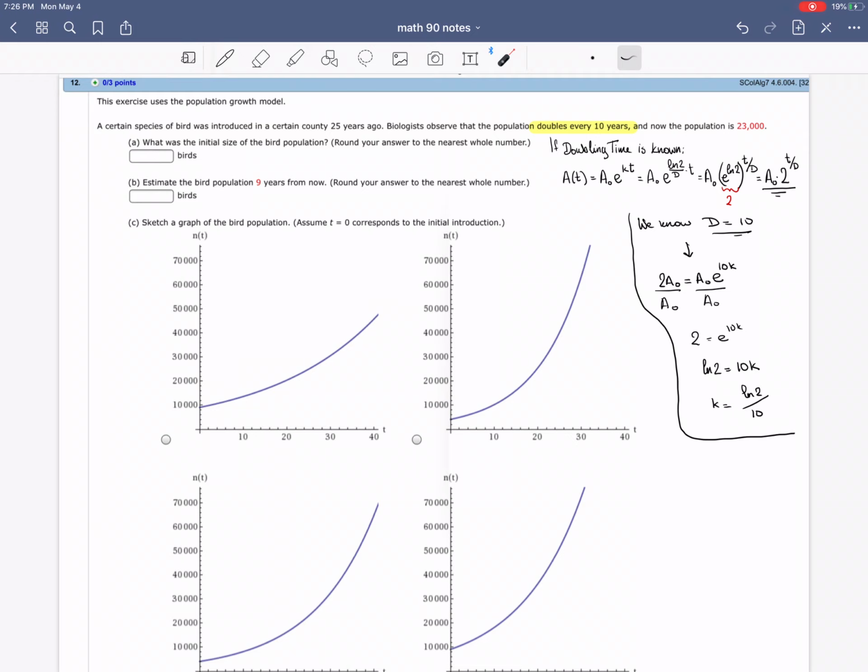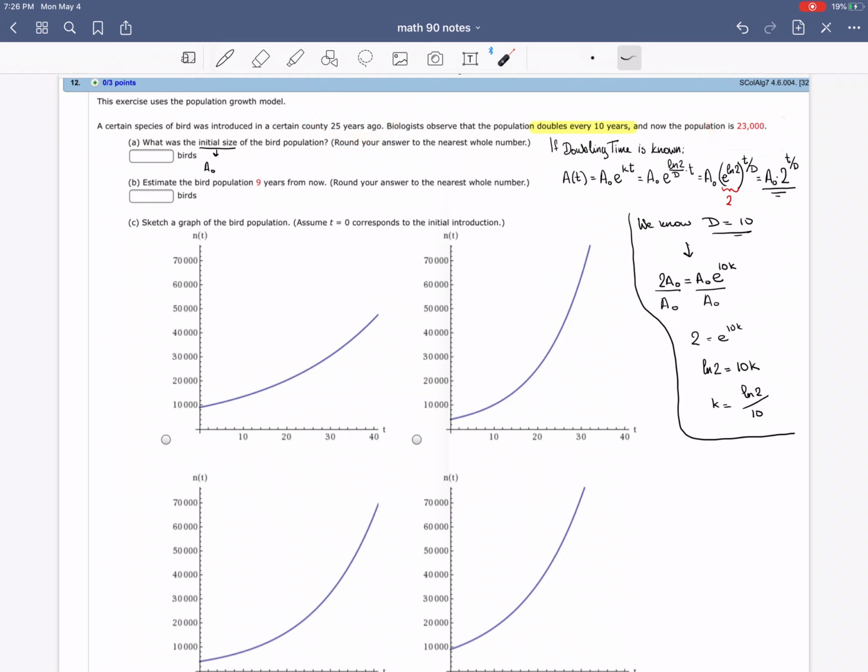Okay, so now let's get to answering the questions in the problem. What was the initial size of the bird population? So of course the initial size is A0. Okay, and we know that 25 years ago, this population was introduced, and now the population is 23,000.